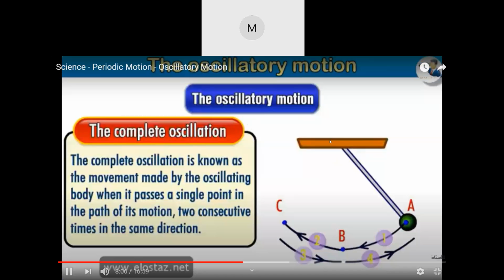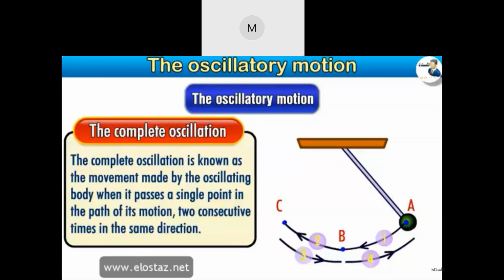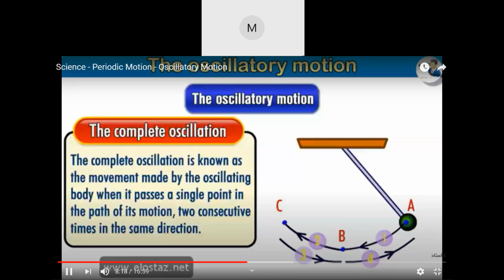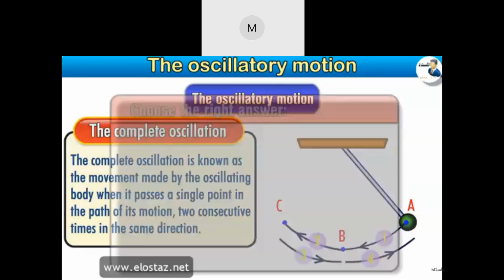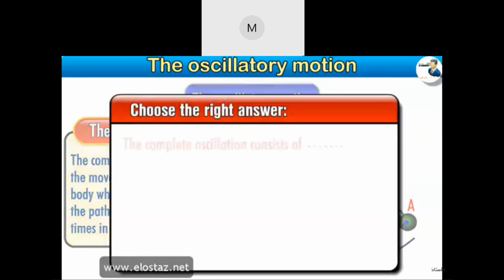This means that the complete oscillation consists of 4 displacements. What do we mean by 4 displacements? It means 4 stages for the motion of the pendulum during its oscillation. What shall we call each displacement? We will call it amplitude. Now choose the right answer.